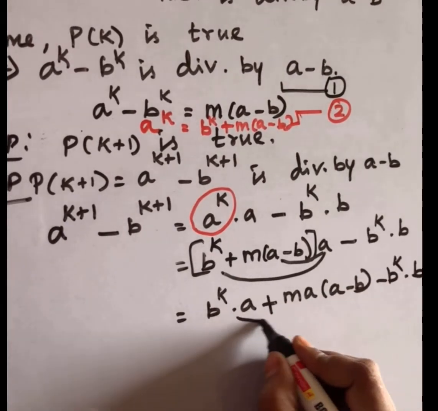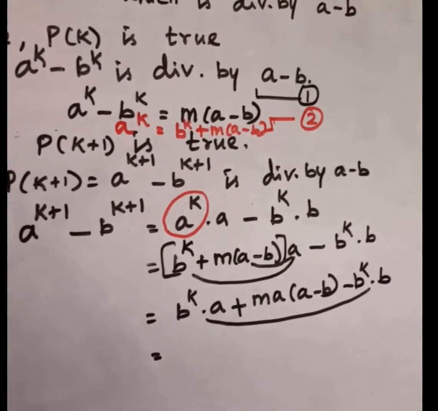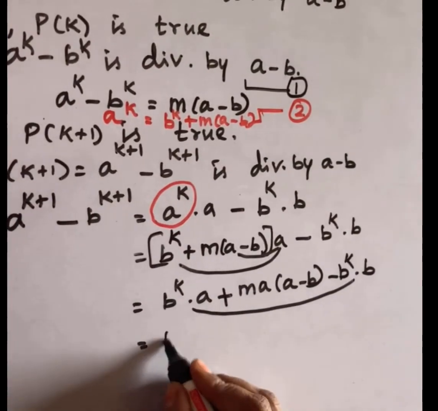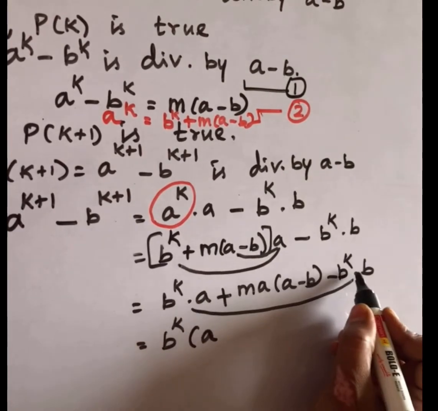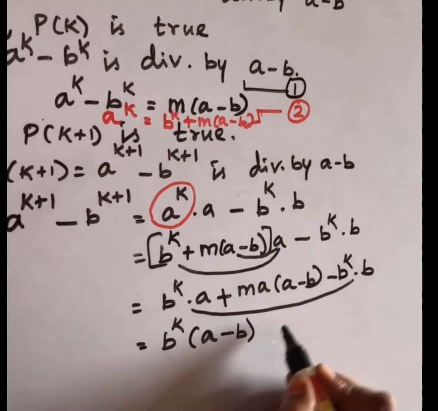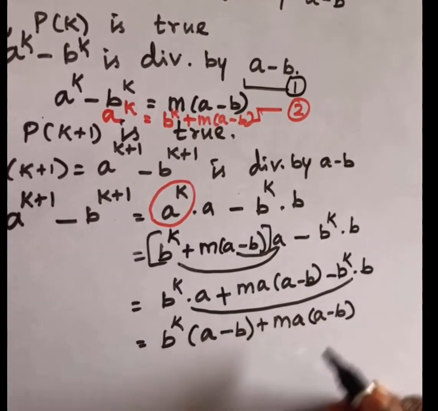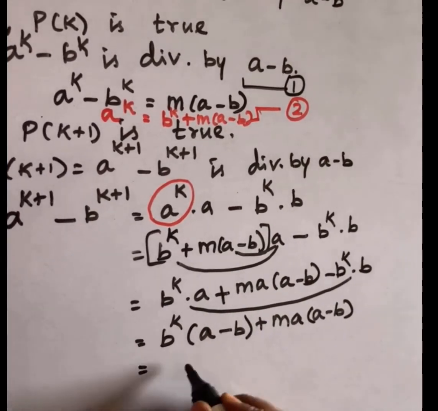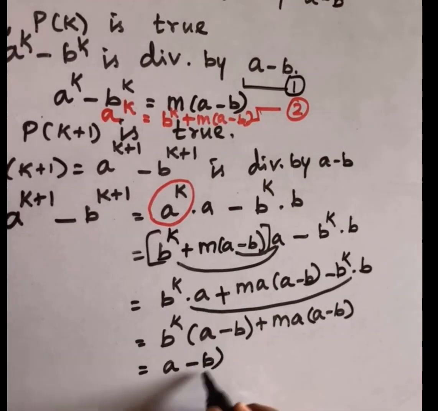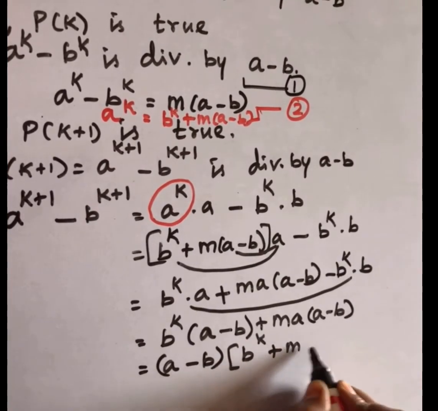Now I am going to combine these two terms. So we can take b power k as common. So b power k into a minus b, plus m a into a minus b. Now here a minus b is common in these two terms. So that is equal to a minus b into b power k plus ma.